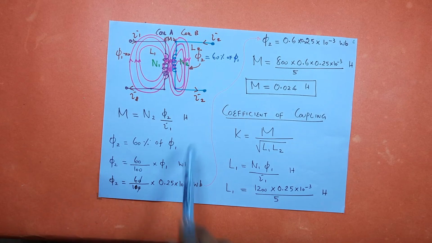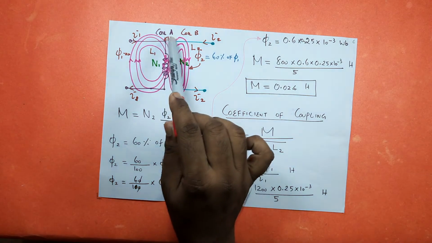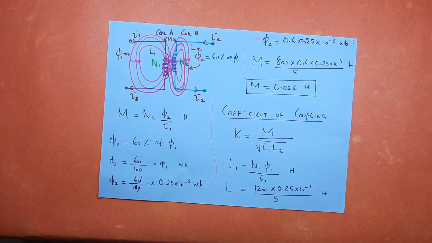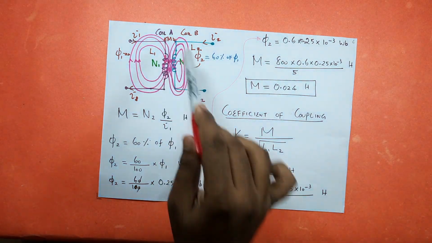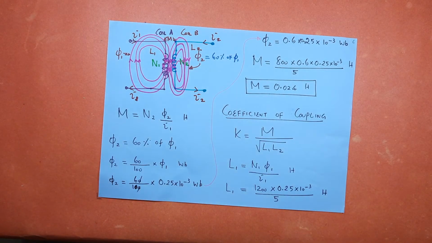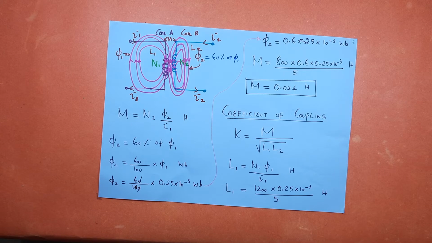So this is the expression for M, the mutual inductance between the two coils, coil A and coil B. So Phi 2 is the flux linking with the second coil or coil B, which is nothing but 60% of Phi 1. So I can write Phi 2 equal to 60 by 100 into Phi 1.